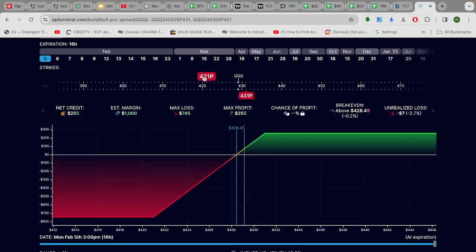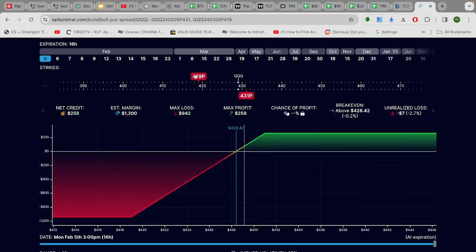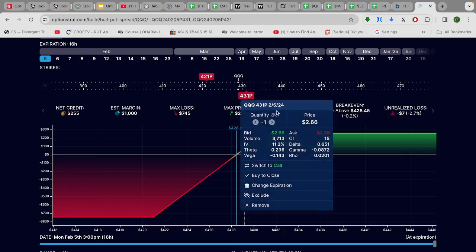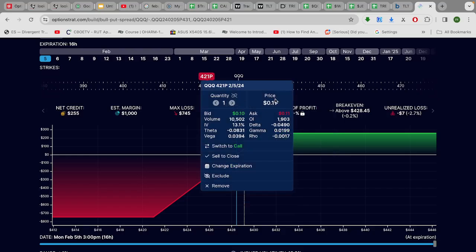But they just charge you margin on how far the strikes are apart. You put the strikes 10 points apart, the margin would be $1,000. Watch that. There's $1,000 margin. And the max loss would just go up accordingly. The max loss would be $1,000 less the credits you received. You received $255 for writing this, because you're receiving $2.66, but you're paying out 11 cents. So the difference is $2.55.